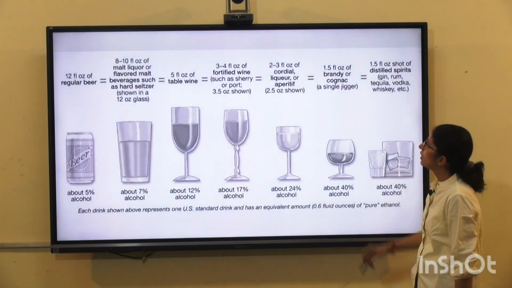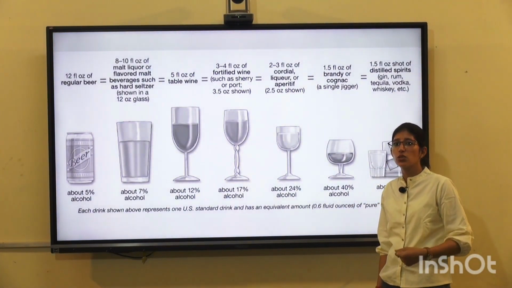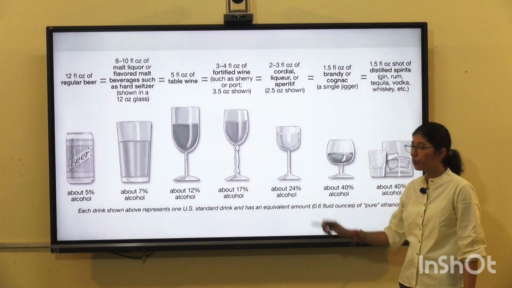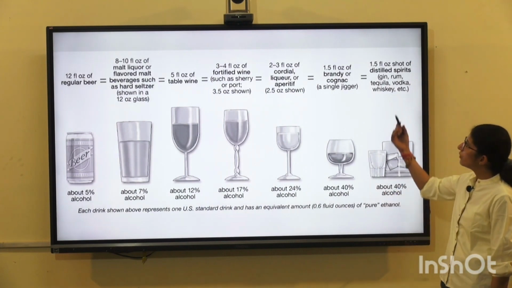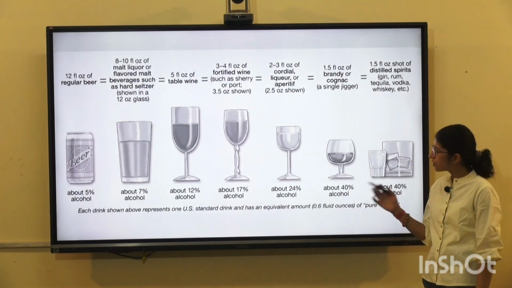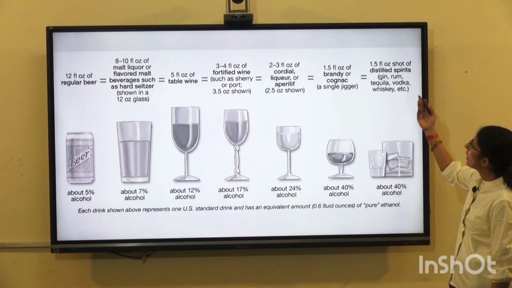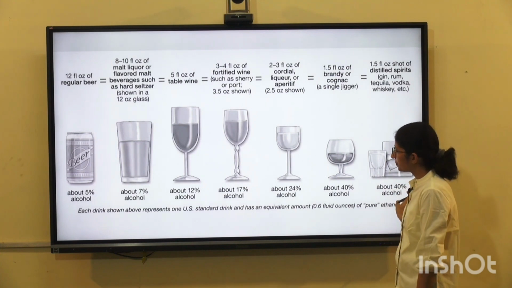Now, cordial, liqueur or aperitif. An aperitif is a drink consumed before food to make it more digestible. It has approximately 24% alcohol. Increasing further, brandy and cocktails have 40% alcohol concentration, and 40% is equivalent to tequila, vodka, whiskey, and gin.